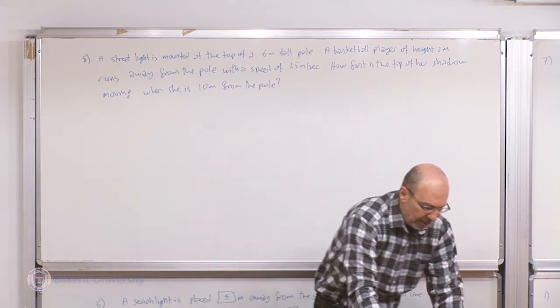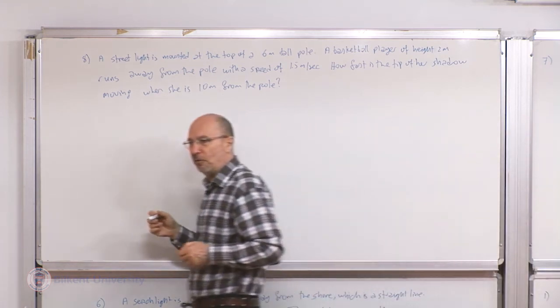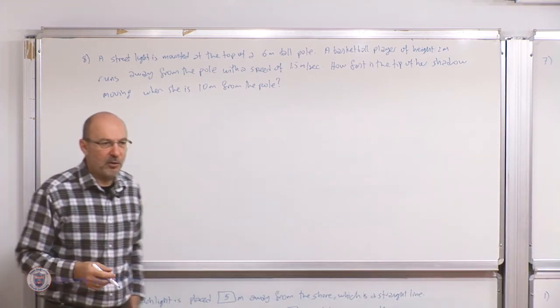Okay, so let's talk about this. So we can visualize in our mind what's happening. Okay, so there is this fixed light, but when you walk away, the shadow also walks away. So how fast is it moving? Okay, so we draw a picture so that we can put in our variables.